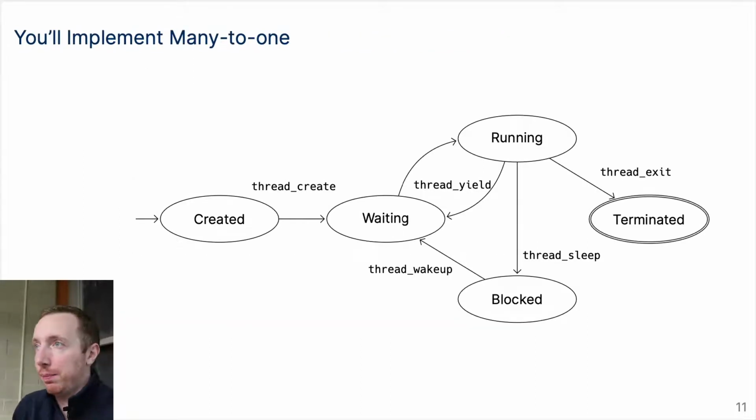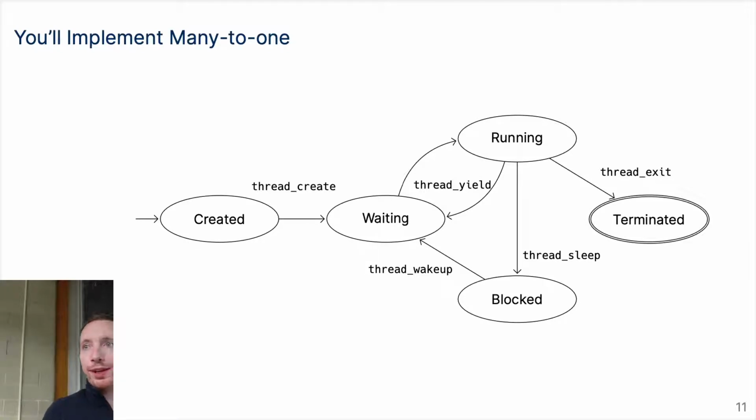But since you'll be implementing many-to-one, our process lifecycle still applies, because essentially your thread is just the virtual CPU, the actual execution of this. So this is your state diagram that all of your threads will be using.